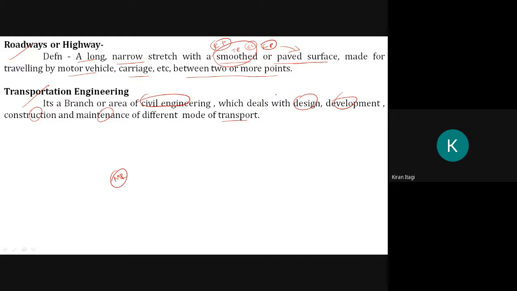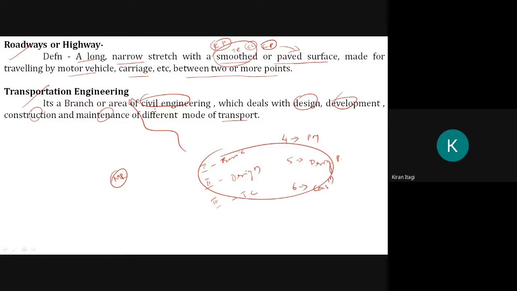So here the first unit deals with the basics, the second unit deals with the design, the third unit deals with traffic and its control, the fourth deals with the pavement material, the fifth deals with the design of pavement, and the sixth deals with the construction process. So these all are included in a branch that we call transportation engineering.